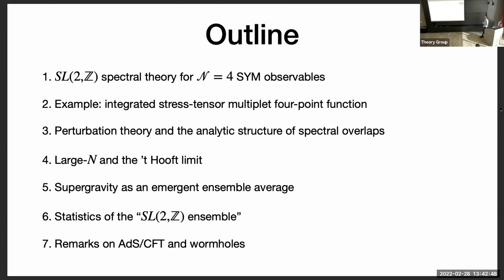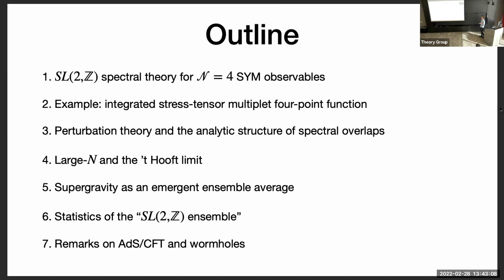Then I'll describe how the well-definedness of perturbation theory leads to strong constraints on the analytic structure of the spectral overlaps, which are really the dynamical data in this spectral presentation of observables. Then I'll finally get to large N and the 't Hooft limit. I'll hopefully have time to discuss the non-perturbative effects at large N.